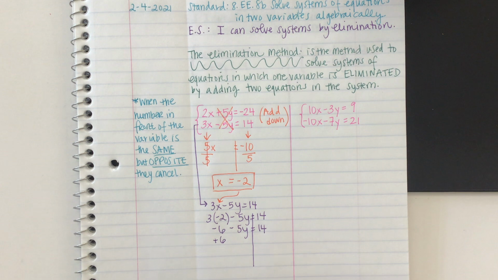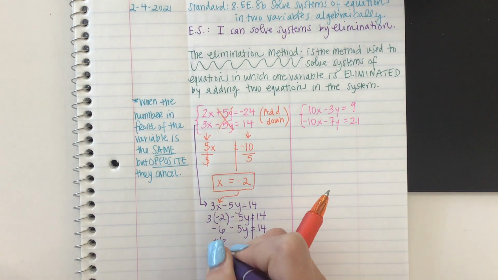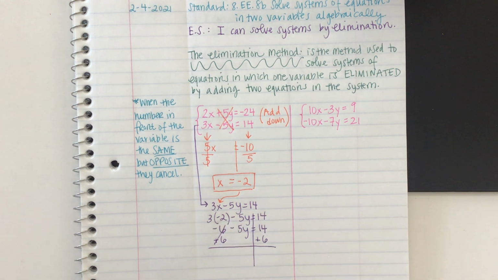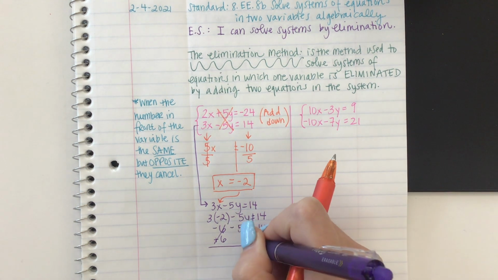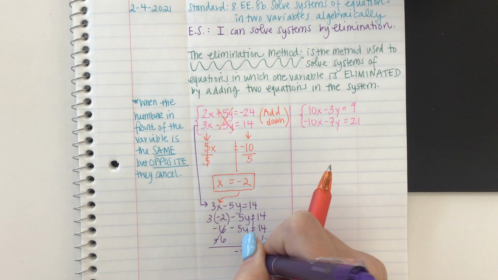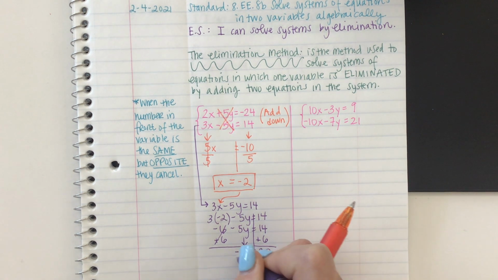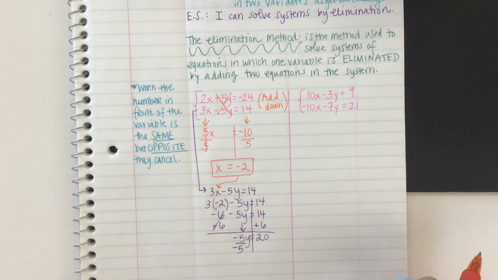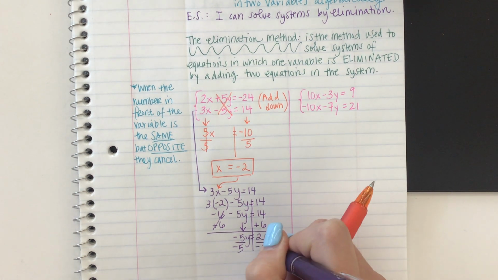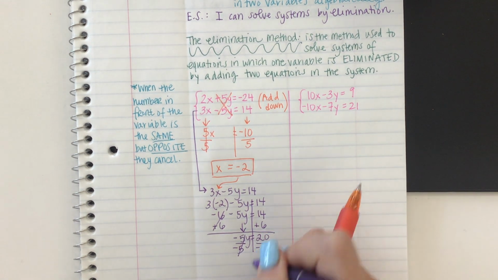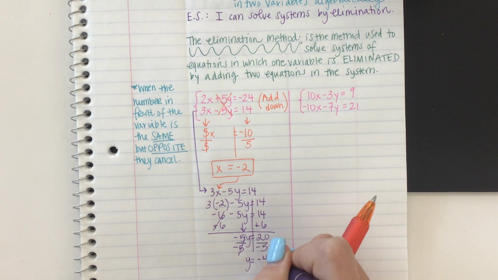But whatever you do to one side, you must do the same thing to the other. So negative 6 plus 6 is 0. That goes away. And so I have negative 5y is equal to 20. And my last step is to divide by the number in front of the variable on both sides. So I get y is equal to negative 4.